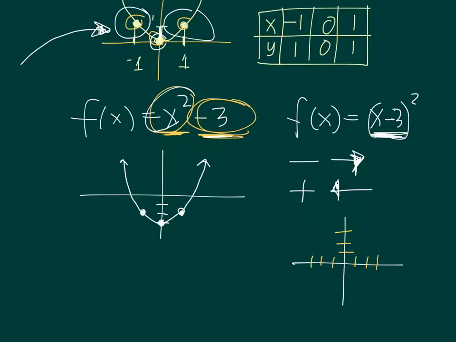There's no movement on the y, so the vertex will be moved 3 units to the right. Again, the other 2 points will always be 1 unit higher than the vertex. So this will give you this graph. Okay, so that's for x minus 3 squared. I hope that's clear.